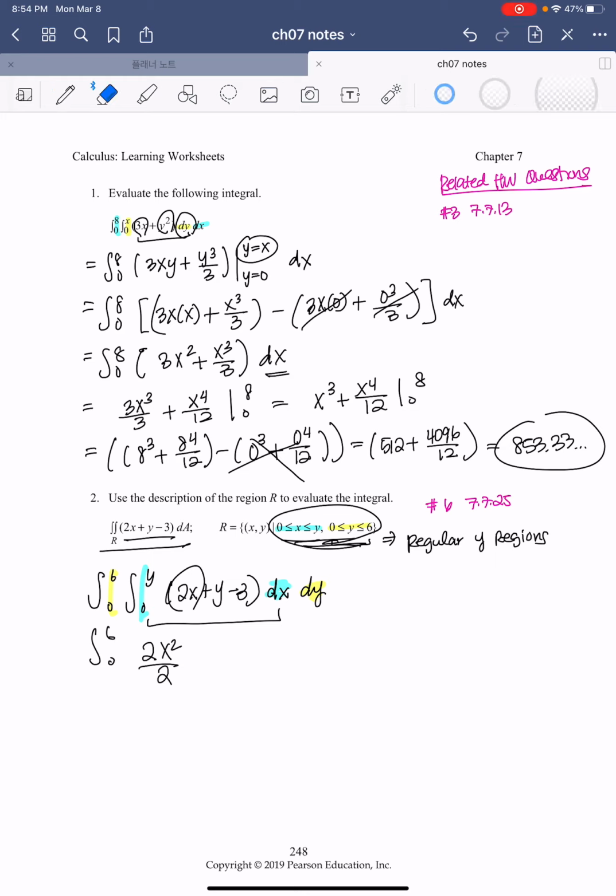So I have the x squared term for the first one. And then for the second one, y is a constant, so we gain a power: xy minus 3x. Integrating from x equals 0 to x equals y, dy.